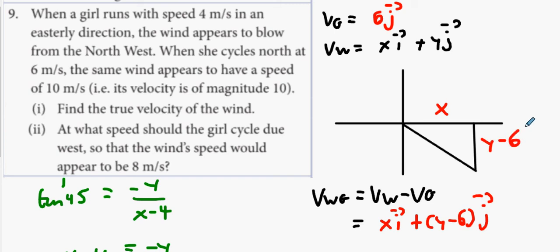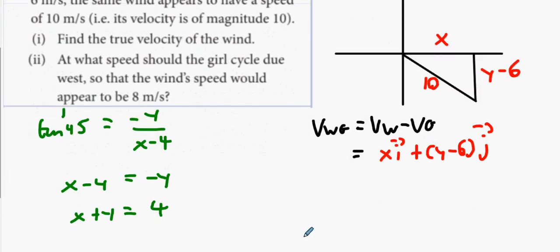I don't have to worry about negatives. Why not? If I do Pythagoras' theorem, I'm going to square it anyway, so it doesn't matter. And we know that this equals 10. So 10 squared equals x squared plus y minus 6 squared.